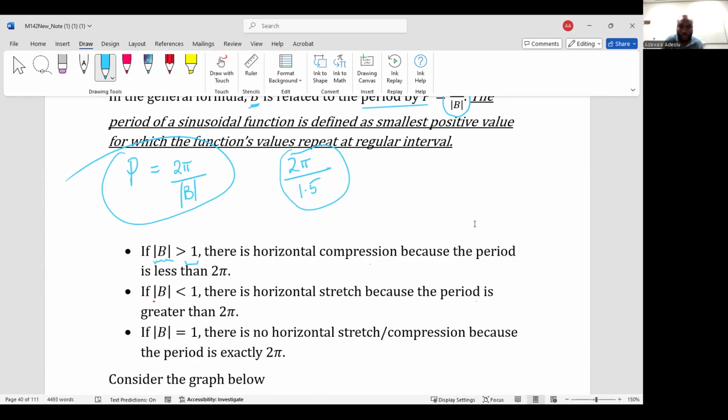So the period will become smaller. Say I'm dividing 2 pi by 1.8, or by 5. This whole thing will become smaller and smaller. If I'm dividing by something bigger than 1, then we say there is horizontal compression.